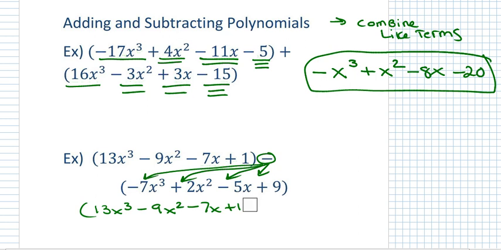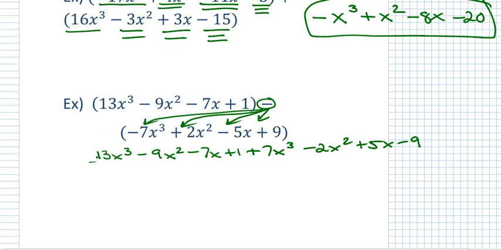Whoops. Take away the parentheses. And then you distribute the negative sign, so it becomes plus 7x to the third minus 2x squared plus 5x minus 9. So it just changes the sign of everything on the right.